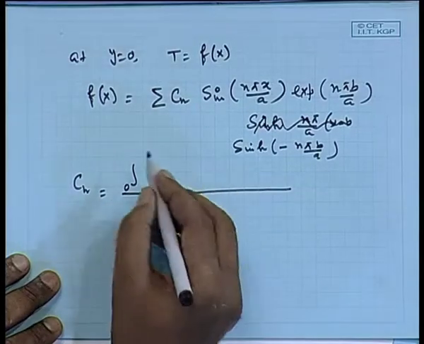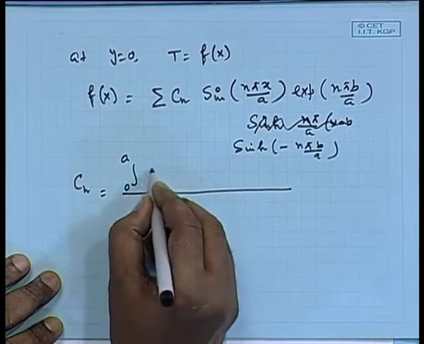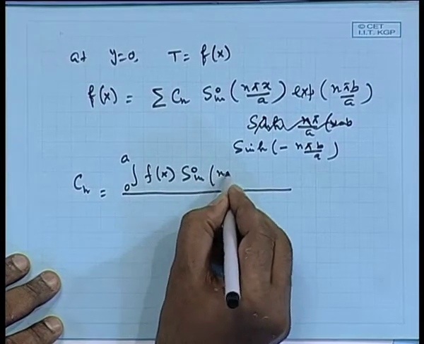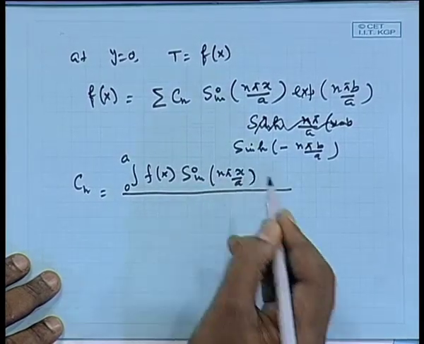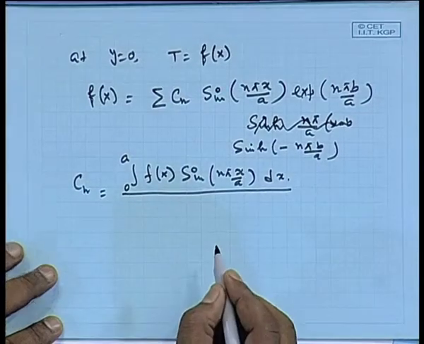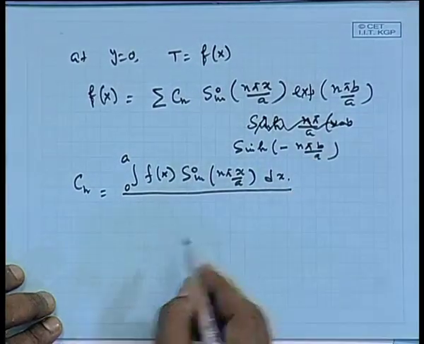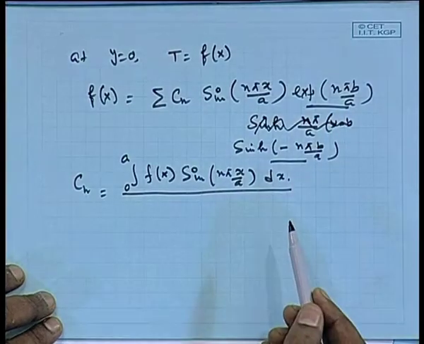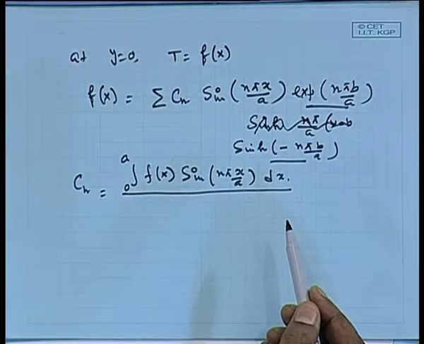So, this is from 0 to a, domain of a. So, f x sin n pi x by a dx, right. And as far as this integration is concerned, this term and this term will be treated as constant, they will be coming out of the integration sign, right.